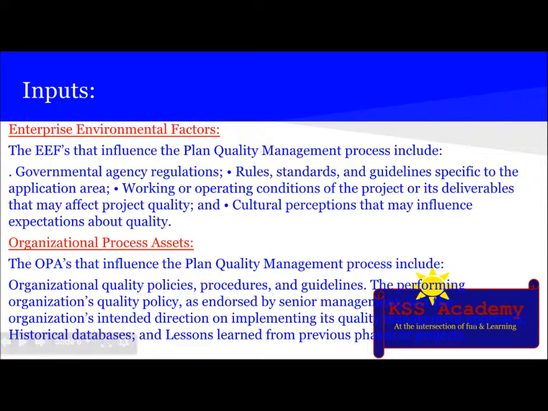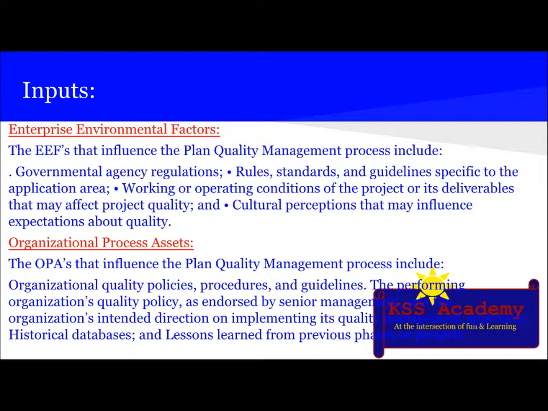The next input is enterprise environmental factors and organizational process assets. The EEFs that influence the plan quality management process include governmental agency regulations, rules, standards, and guidelines specific to the application area, working or operating conditions of the project or its deliverables that may affect project quality, and cultural perceptions that may influence expectations about quality.